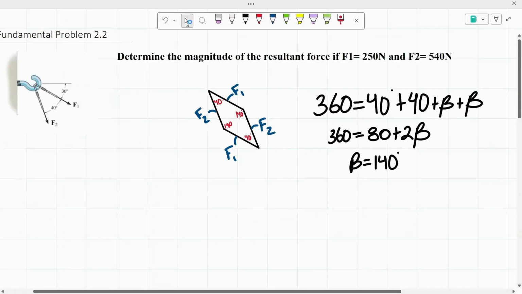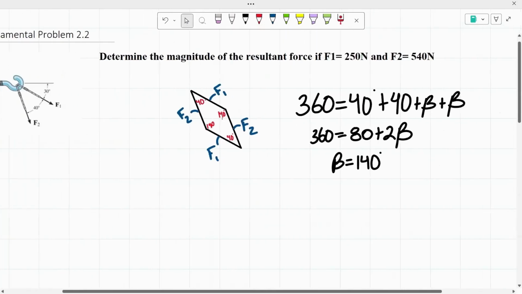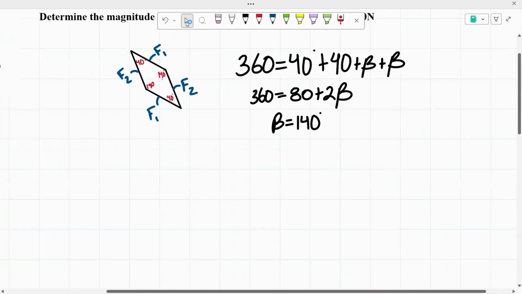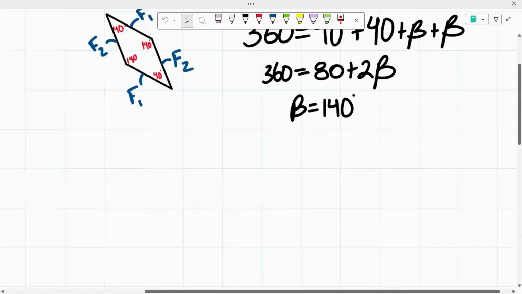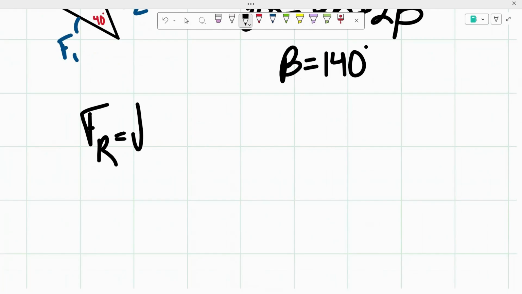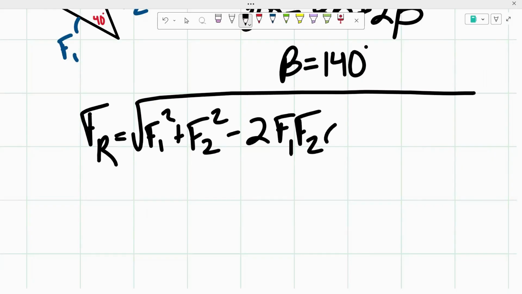So now that we have that information, we're going to find the magnitude of the resultant force. To do that, we're going to use the cosine law. Rewriting the cosine law just a little bit, we get this equation: Fr is equal to F1 squared plus F2 squared minus 2 F1 times F2 times cosine beta.